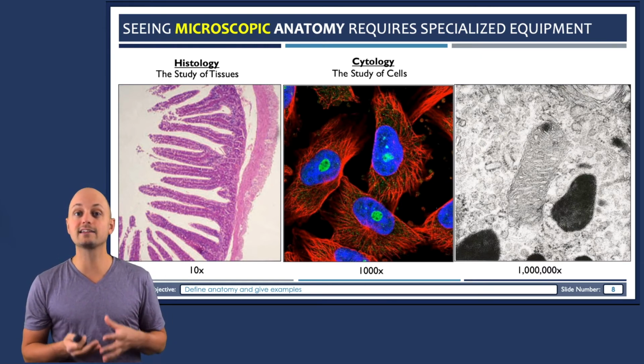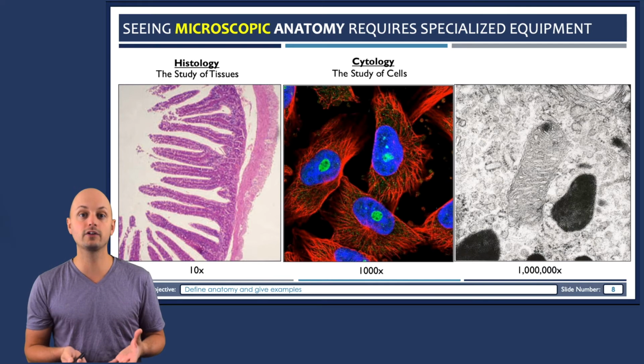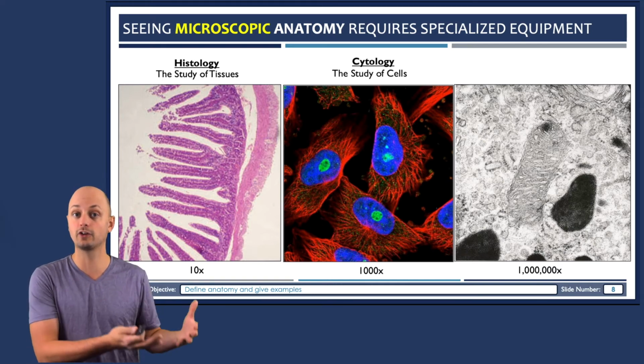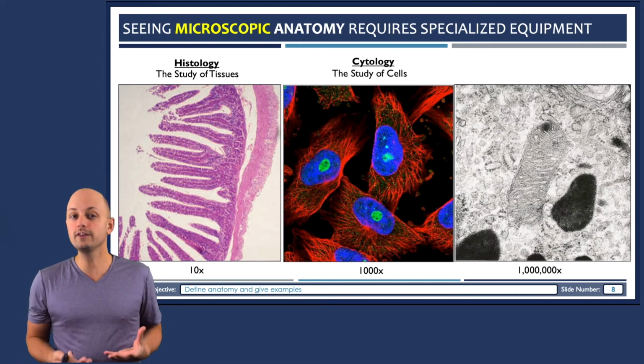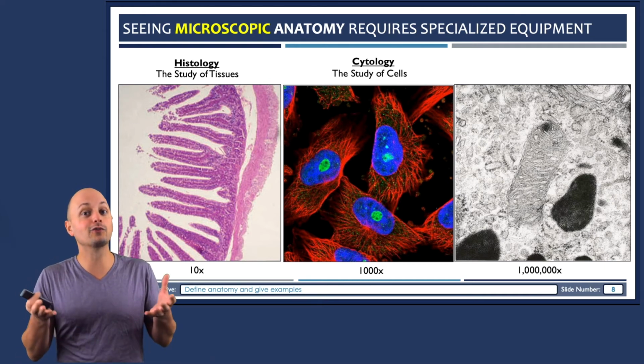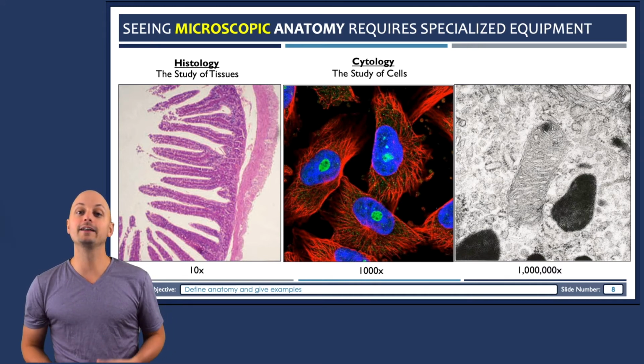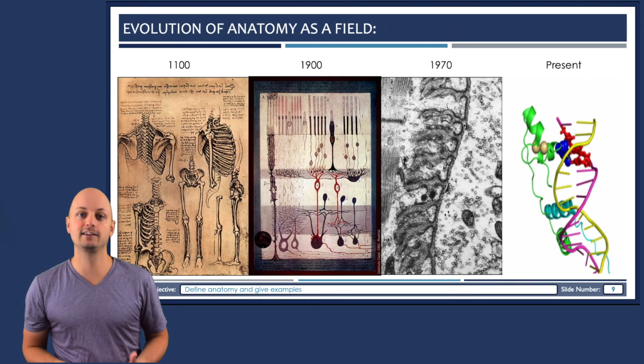And we can even look at subcellular structures like the mitochondria on the right-hand image at a really high resolution. That's taken with an electron micrograph. So all of this is to say that you've actually picked a really cool time to be alive and to be studying anatomy.